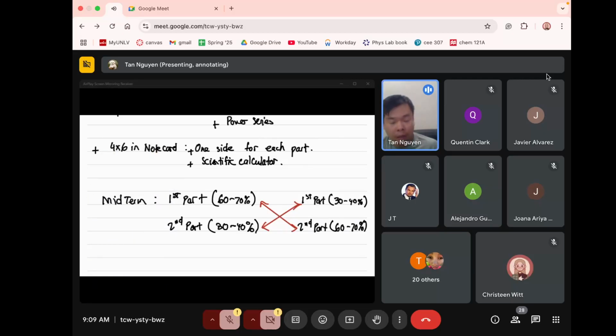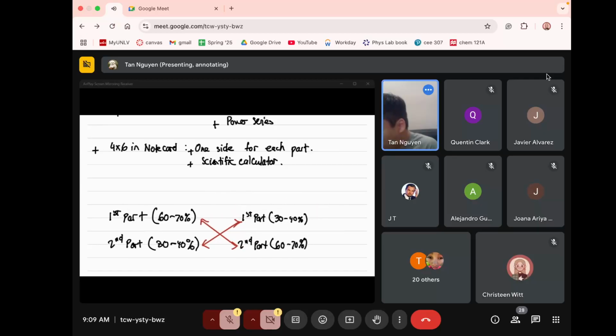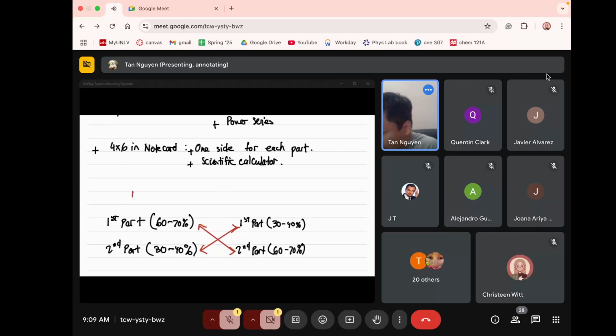Okay, so the second part of the final exam will actually replace the first part of the midterm exam. Make sure it's clear here. This is the midterm on your left, and that's the final on your right.